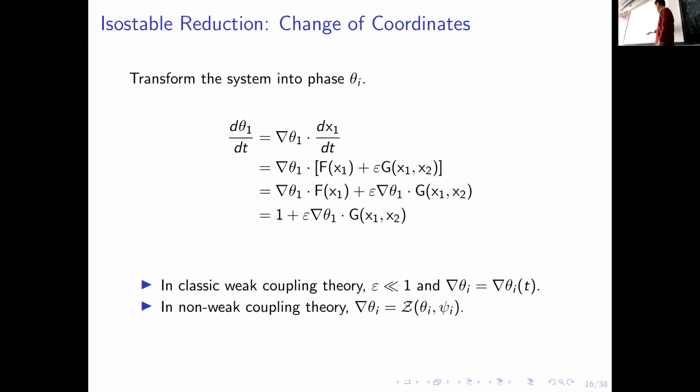Now with coupling, this gradient term depends on the phase psi, which is amplitude. So now that we're far away from the limit cycle, and obviously the limit cycle is very strong, the period would be the period of the oscillator.